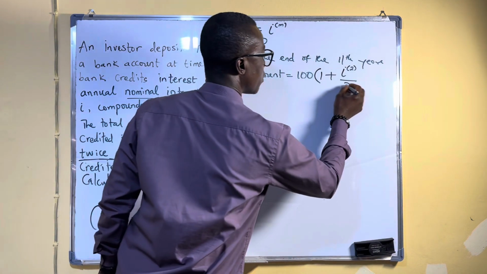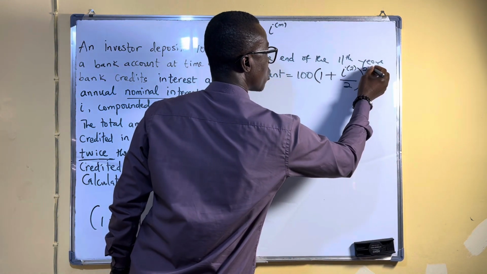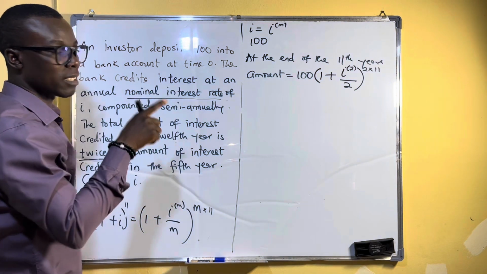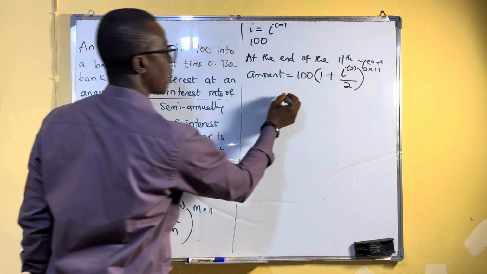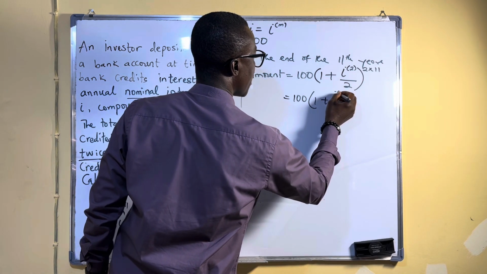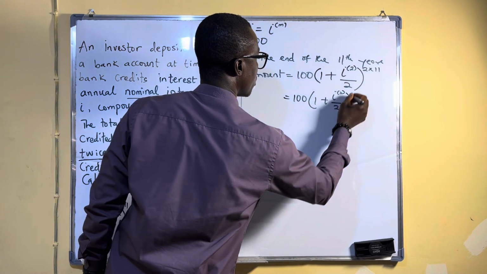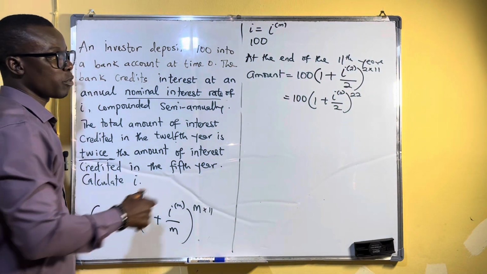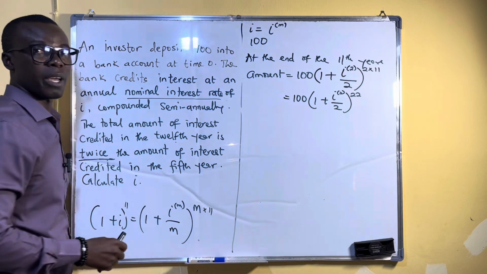So 2 divided by 2, raised to power 2 times 11. So the amount at the end of the 11th year becomes 100 into 1 plus I 2 over 2, raised to power 22. At the end of the 11th year, this is exactly what we are going to have.